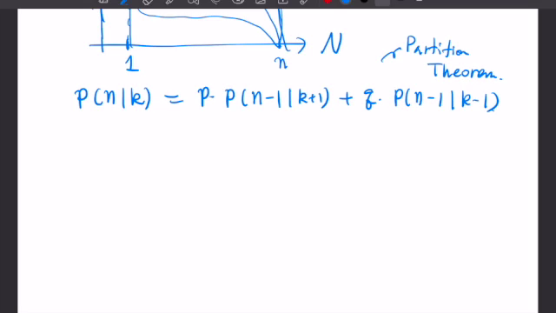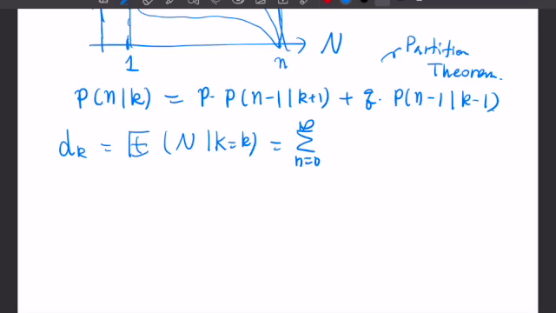Okay, so if we apply this equation to the definition of D_k, which was the expectation value of the number of plays until termination given k dollars as the initial stake, the definition was this: sum over n from 0 to infinity of n times P_n given k.